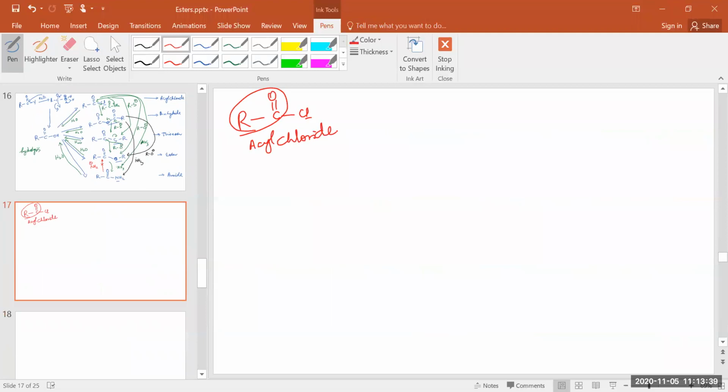And if it is aromatic, then it is called benzoyl chloride. See, this is the benzyl; remember that with one carbon, a benzyl to CO, it is benzoyl chloride.